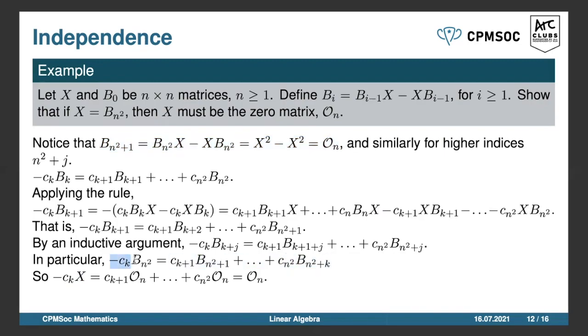So we're saying some constant times X is a linear combination of a bunch of 0 matrices, which is just the 0 matrix. And because this constant is not 0, that implies that X is the 0 matrix.